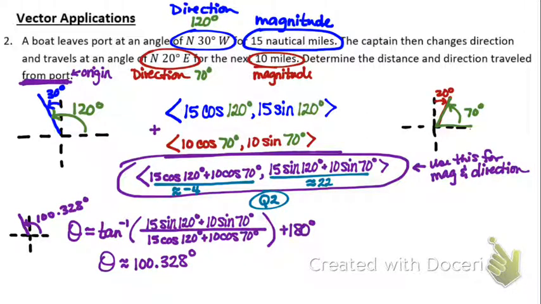So how will I get my bearing angle, just this little bit? Subtract 90 from it. So I'm going to get 10.328 degrees. This is my bearing angle.